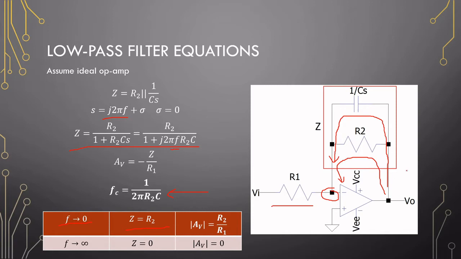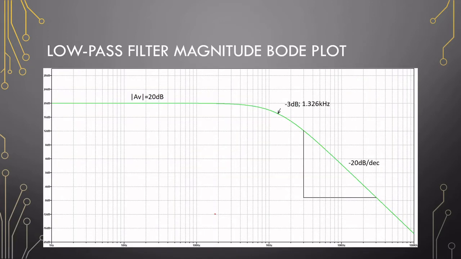Okay, so more of the output signal will go towards this ground here. So that is the low pass filter in terms of design equations. So we have this one over here and this one over here if we're doing any designs. So the first problem will be after this Bode plot.